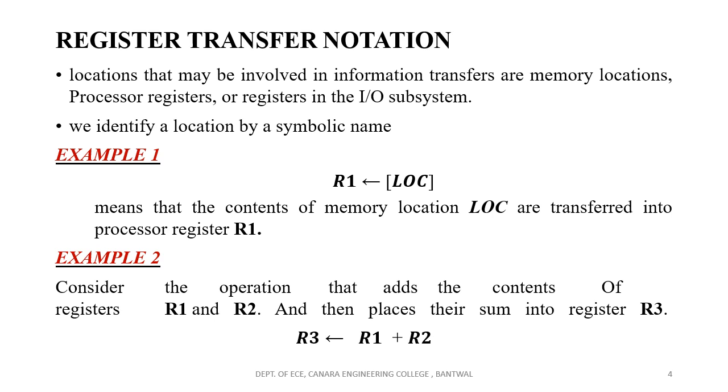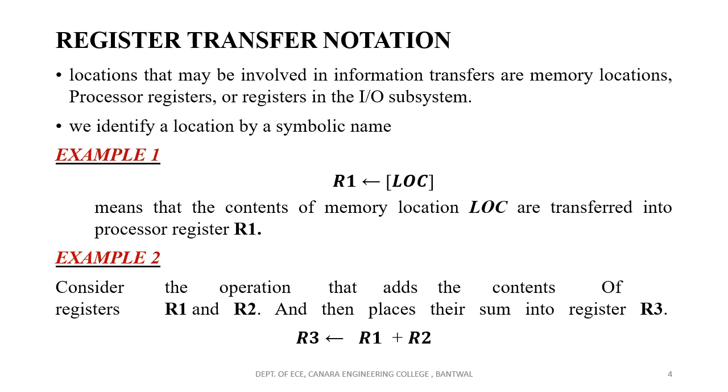In this particular slide, we will look into the register transfer notation. We know that the computer performs various tasks, and these tasks are in the form of steps, and these steps are in the form of instructions.